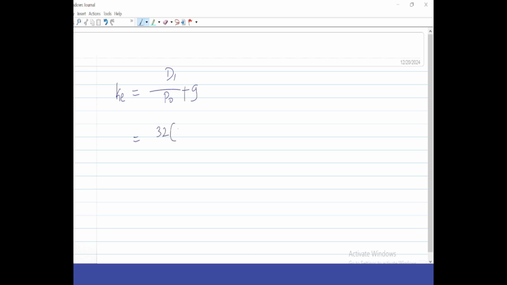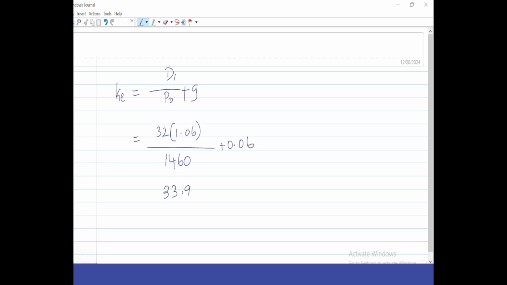Rupees 32 into 1.06, that is 1 plus growth, divided by rupees 1460, the P naught, plus 0.06 growth rate, and whatever answer you get, finally multiply by 100.